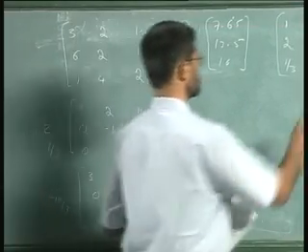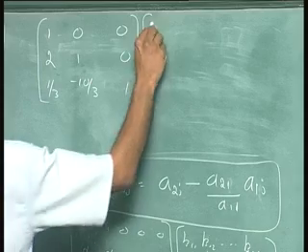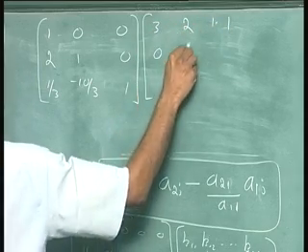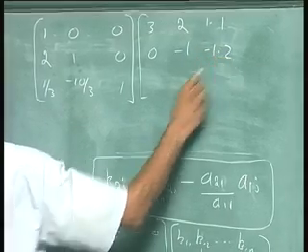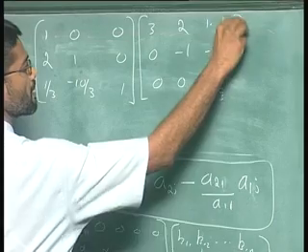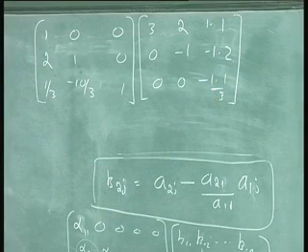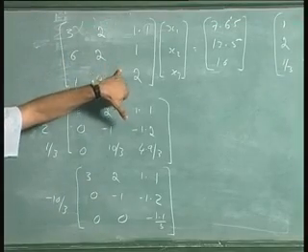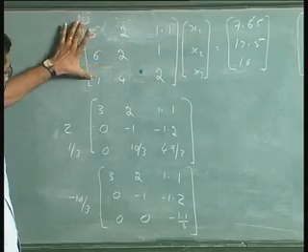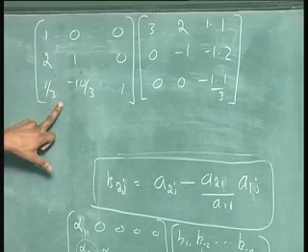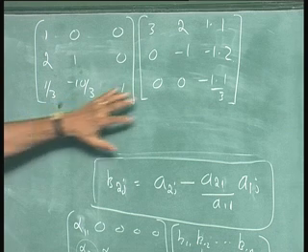And my beta matrix is now 3 2 1.1, and 0 minus 1 minus 1.2, and 0 0 minus 1.1 by 3. That's my beta matrix. Now you can see very simply that if you multiply these two, you will get this matrix A back. So I have actually done a decomposition of this matrix into an upper triangular and a lower triangular matrix by doing this. You can very easily see that.